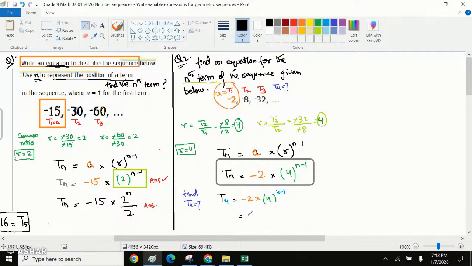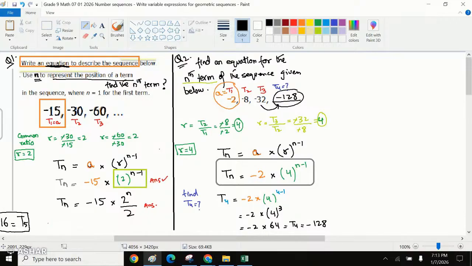So can we write this as -2 multiplied by 4 exponential 3? Do we know what is 4 exponential 3? 4 times 4 is 16, 16 times 4 is 64, right? So we can say -2 multiplied by 64, and term number 4 comes out to be -128. This should come out to be -128, which should be 4 times of this, right?